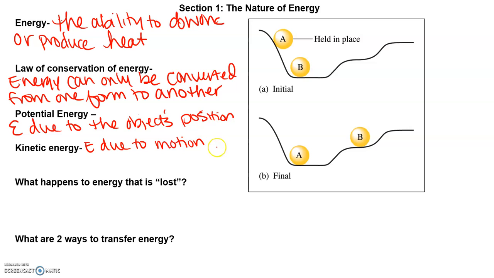And kinetic energy is dependent upon two things: mass and velocity. And the reason for that is the equation for kinetic energy is 1/2 mass times velocity squared. And so both the object's mass and its velocity are going to affect its kinetic energy.